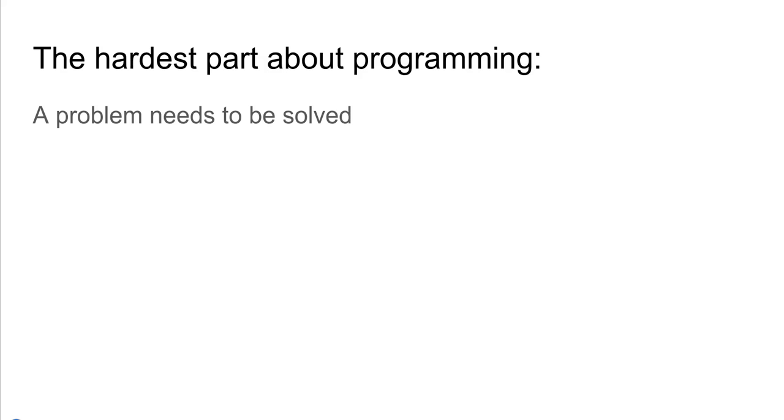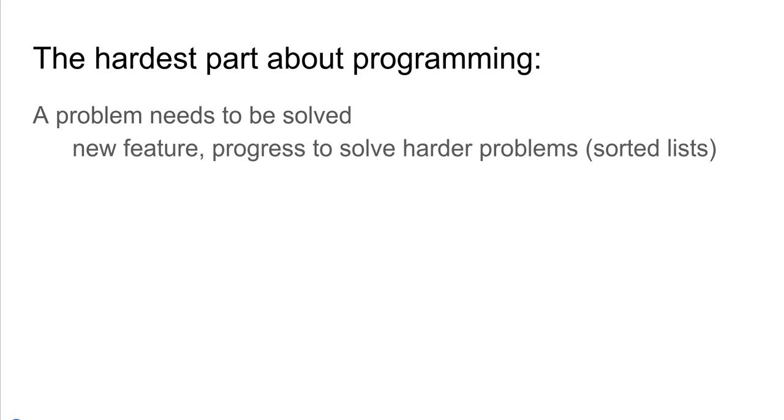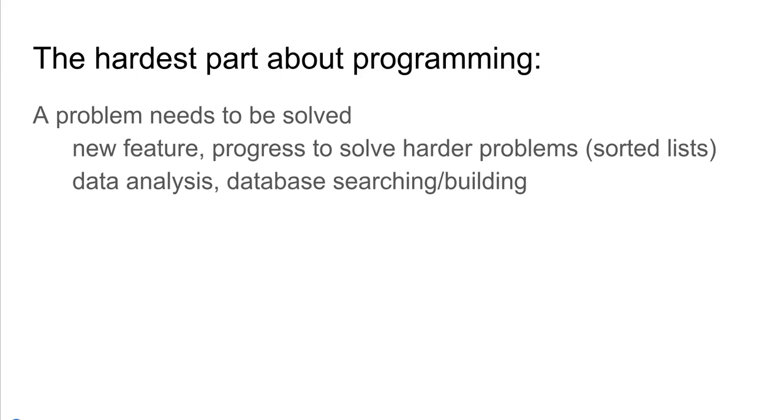You've got to think through that problem. Like new features, a harder problem to solve, like sorting lists. And by sorting a list, you're helping a harder problem, such as searching, to be done. You're doing some harder data analysis that no one has done before. This is huge on the web today.